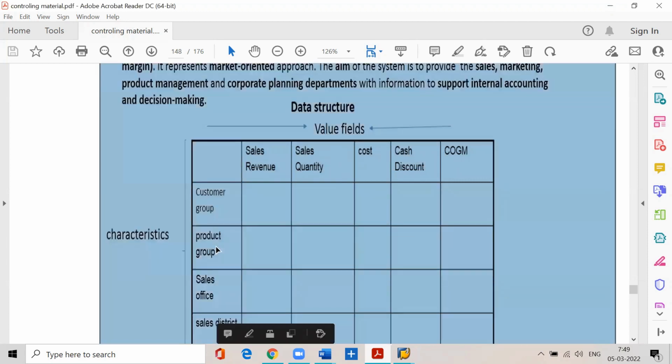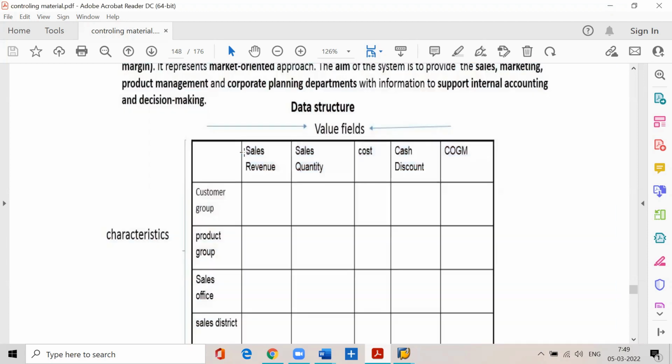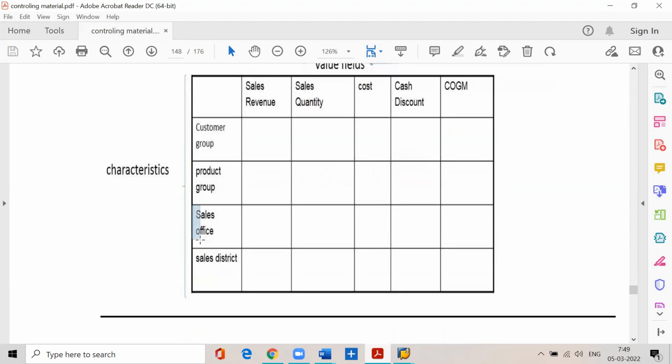Similarly, for each product group, what is the sales revenue? What is the sales quantity? What is the direct cost of material, for example? What is the cash discount paid for each product group? And what is the cost of goods manufactured for each product group? Then for each sales office, you have the Northern Sales Office, Southern Sales Office, Eastern Sales Office, Central Sales Office, etc. Then for each sales office, what is the total sales revenue?